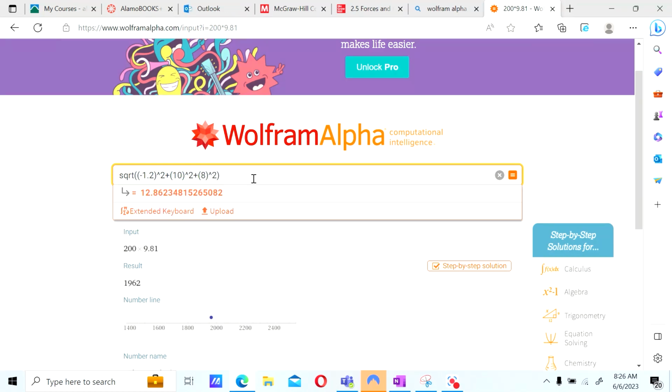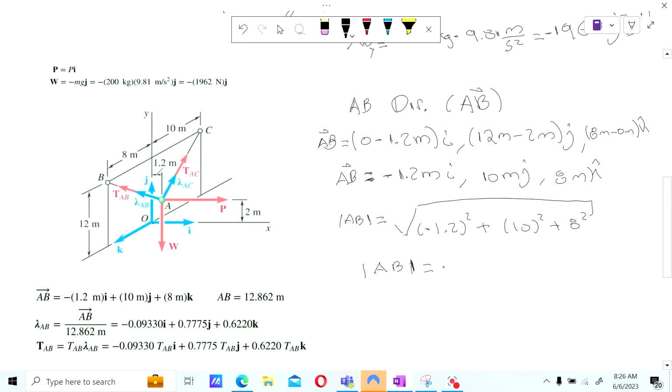So that would be 164, and the square root is 12.86 meters. It's not meters squared, because the meter squared is canceling with the square root. So that's back to meters. So this is 12.86 meters.